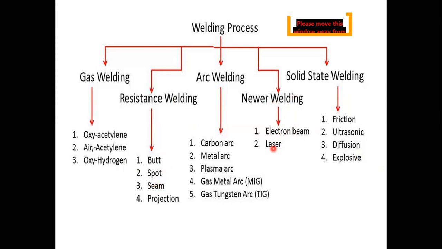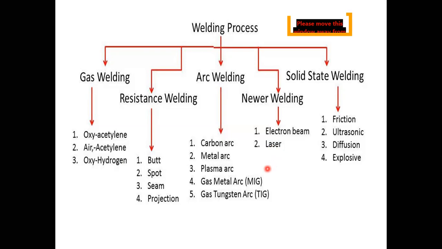And if you categorize arc welding again, then you can see the electric arc: shielded metal arc welding. What is this electric arc? Then gas metal arc welding, which is MIG.